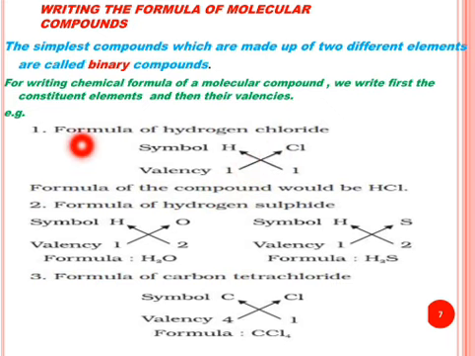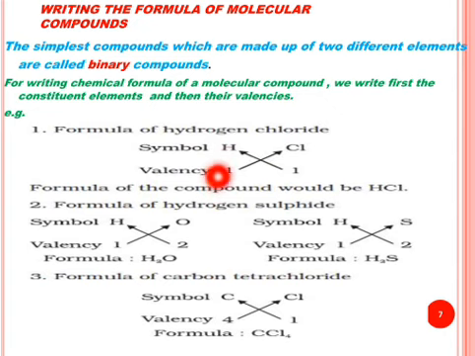Let's see with the help of one example. Example of hydrogen chloride. It consists of two nonmetals, one hydrogen and the other chlorine atom. First, write the symbols of the constituent elements: H for hydrogen and Cl for chlorine. Then write the valency of the elements.